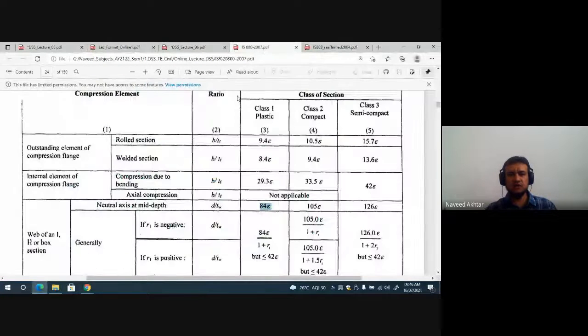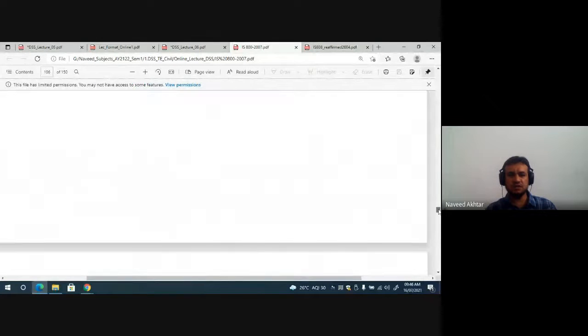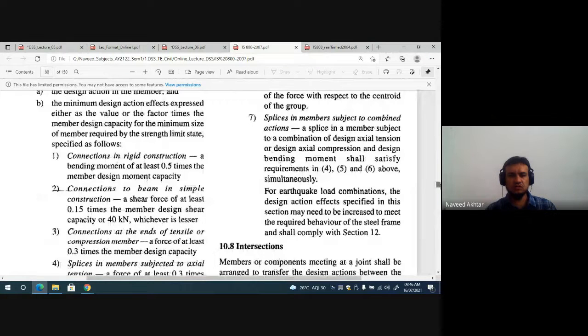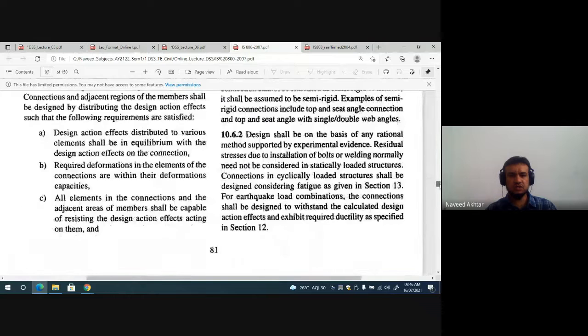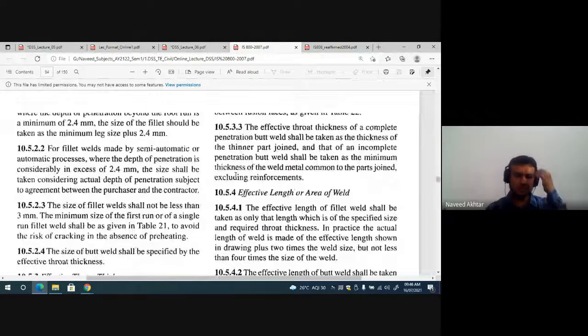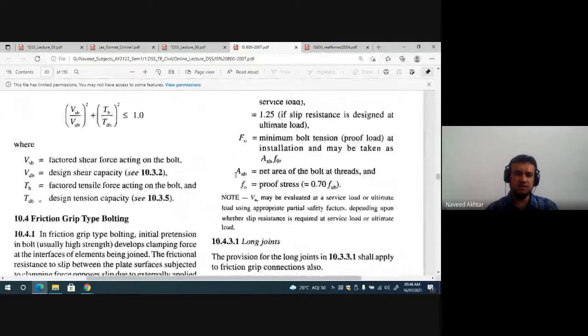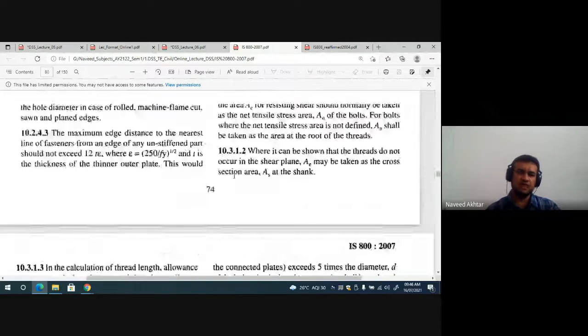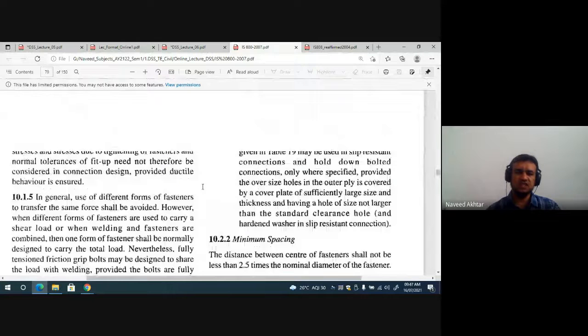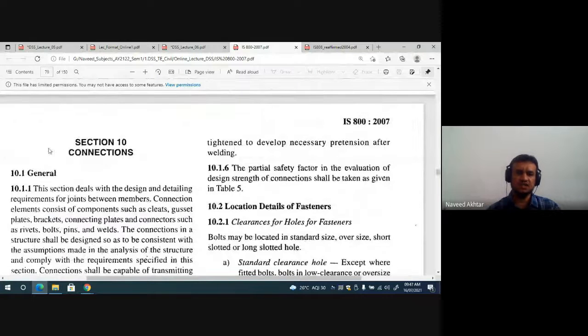If you come here to page number 74 or 75 of your IS 800 2007, here you can see page number 73, where we started section 10, connections.